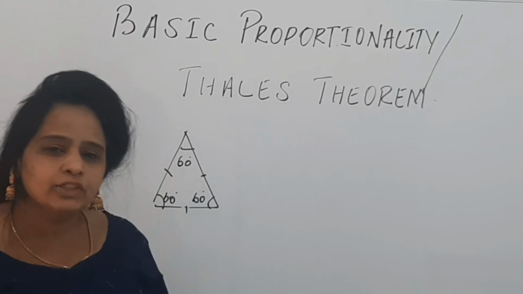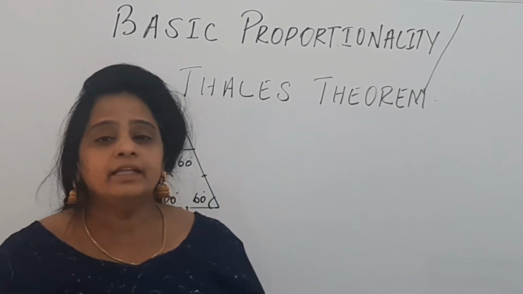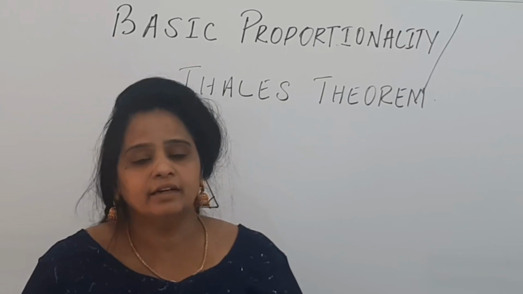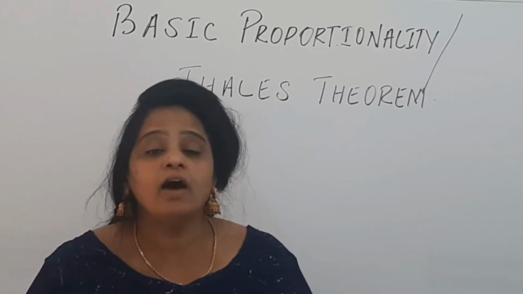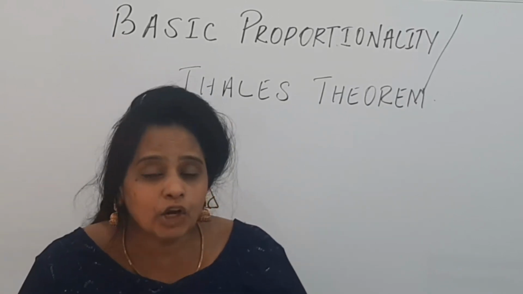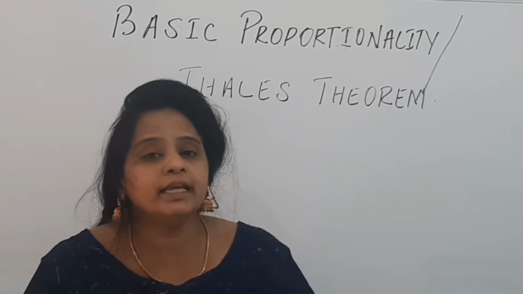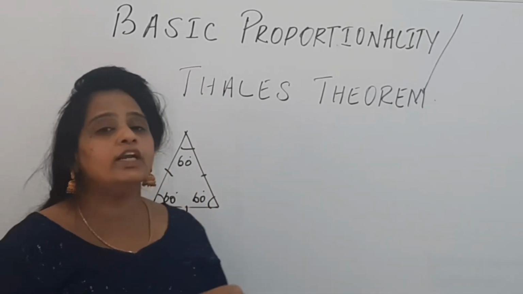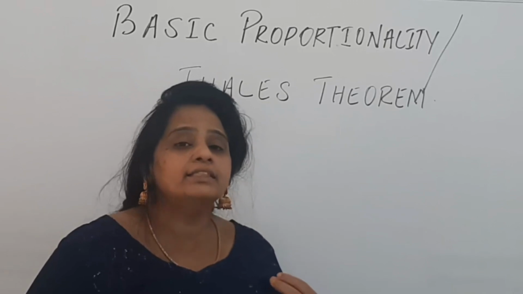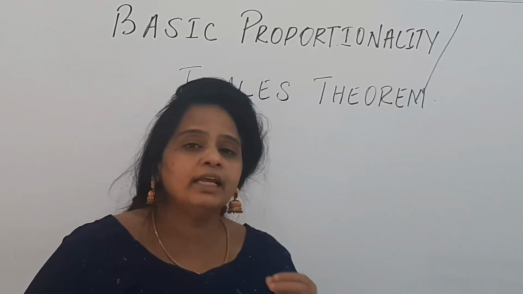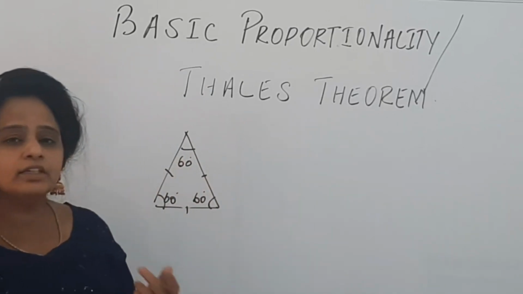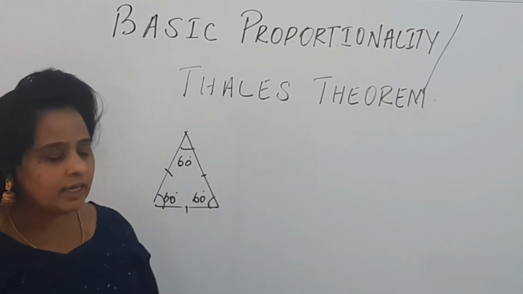Now what Thales said is that the corresponding sides will be in the same ratio for equiangular triangles. This is what he is going to prove by giving us the theorem.